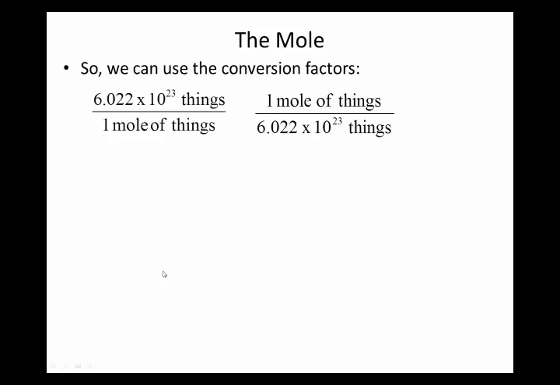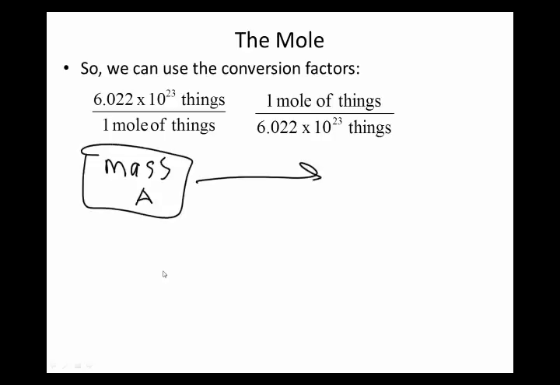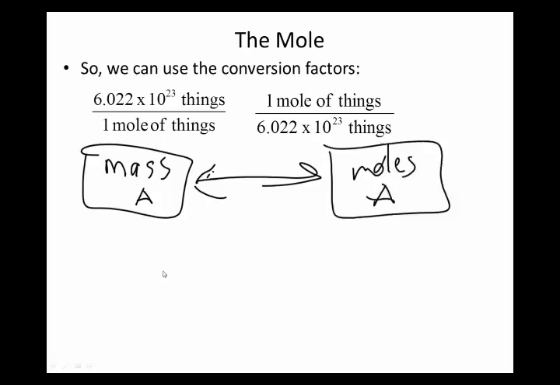And in this chapter, we're going to have 4 little tools that we're going to use to do problems. I call it having 4 little tools in your toolbox. This is the first one. This tool, Avogadro's number, allows you to convert between mass of... Now, actually, no, that's incorrect.